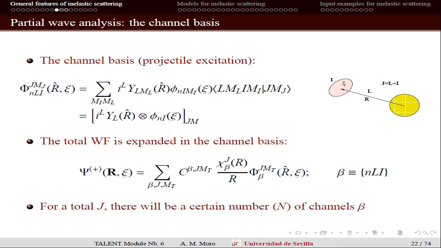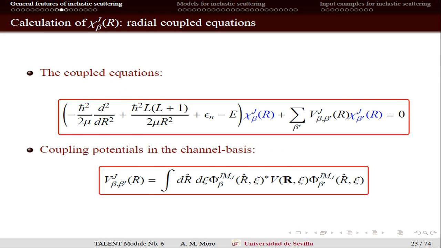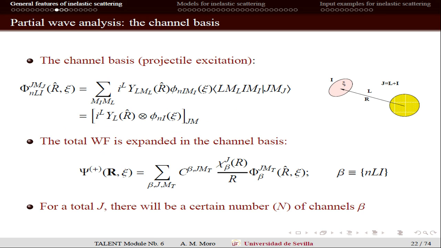Okay? So, yeah. What's the meaning of MC? What is MC? MT? This is the total angular momentum, sorry. And this is the projection of the total angular momentum, the M quantum number.